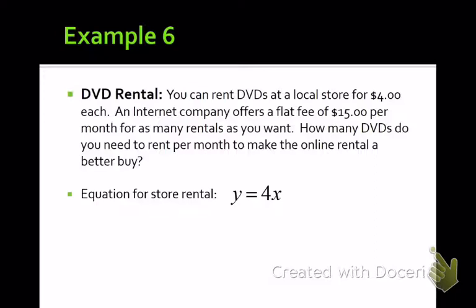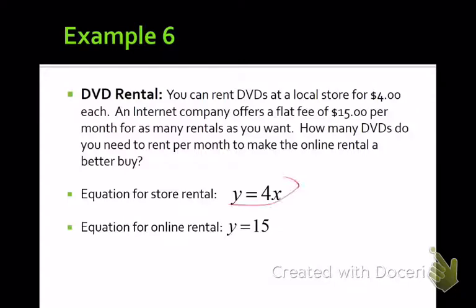Right? 4 times the number of movies will tell you the total cost. And then the equation for an online rental, right? Well, they don't care how many rentals you make. They're going to charge you $15 a month. So the cost for a month in the internet online rental is just $15. There's no variable. It doesn't matter how many DVDs you rent. So y equals 15.